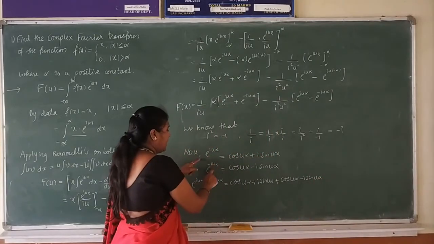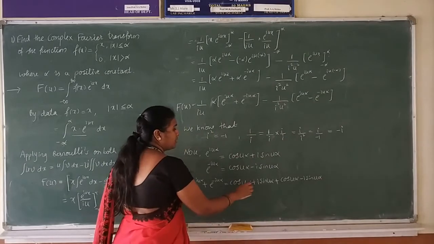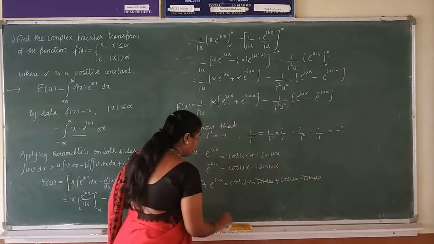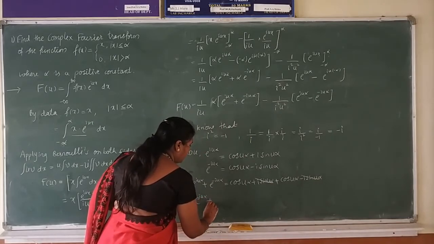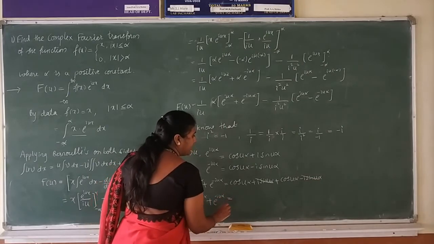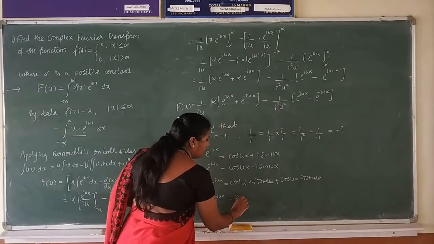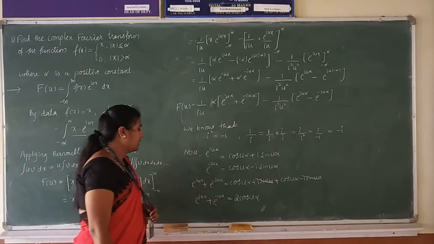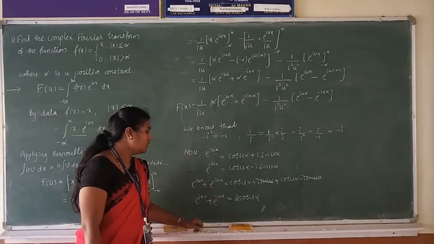Adding LHS terms and RHS terms, plus i sin u alpha and minus i sin u alpha cancel. We get cos u alpha plus cos u alpha, that is 2 cos u alpha.